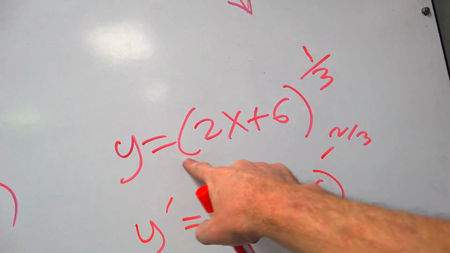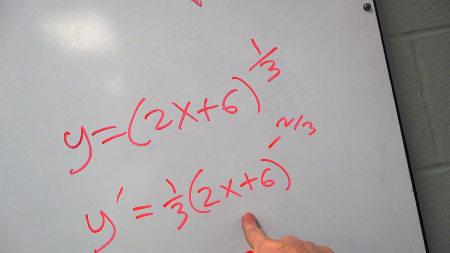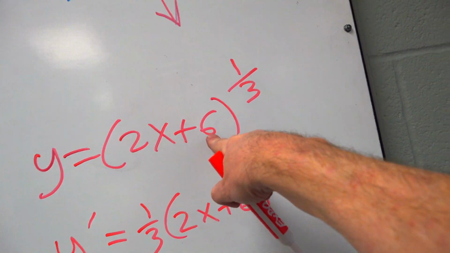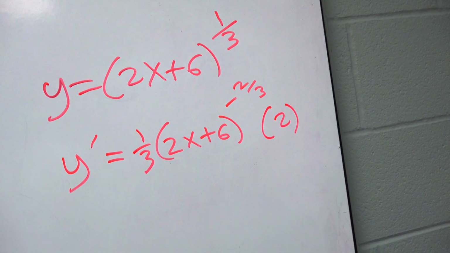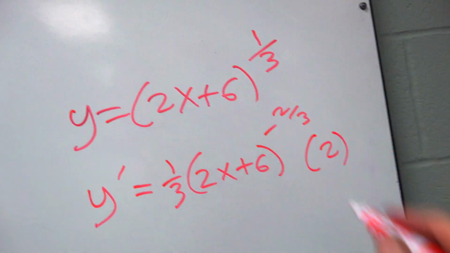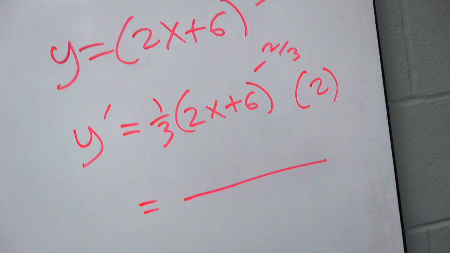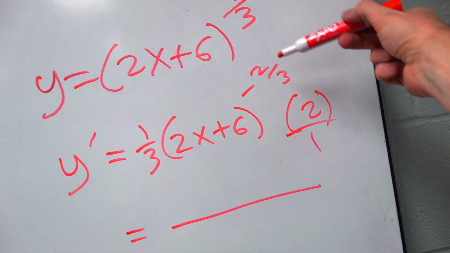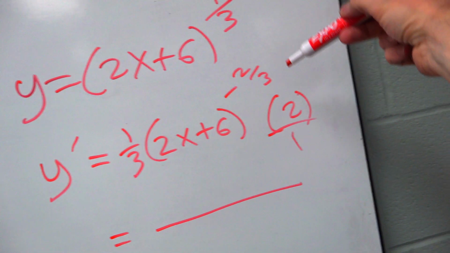Chain rule, don't ever forget that chain rule. You'll ruin the whole problem. Derivative of the original base that stayed the same, 2x plus 6 becomes 2 plus 0. So your chain rule is 2. Okay? And I'd prefer not to leave that negative power. Let's make one long fraction bar right here. Who's upstairs? 2 is upstairs, times 1.